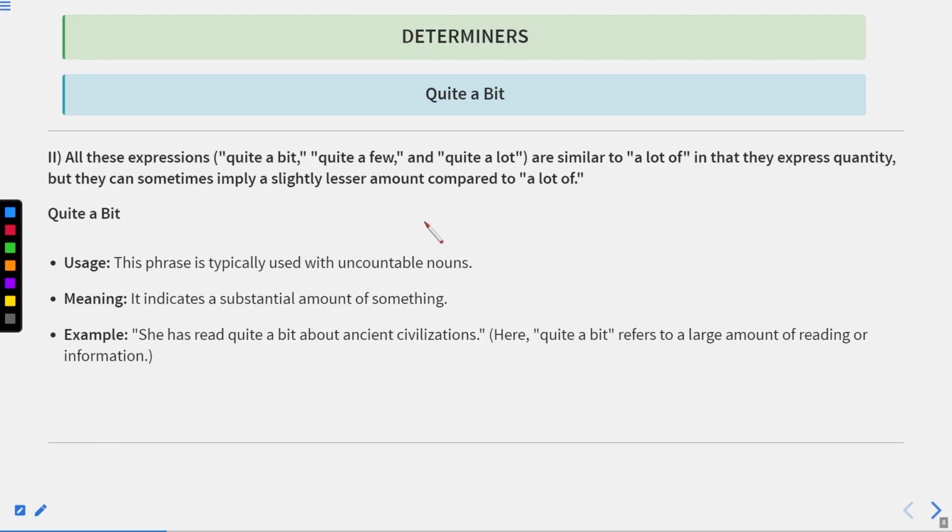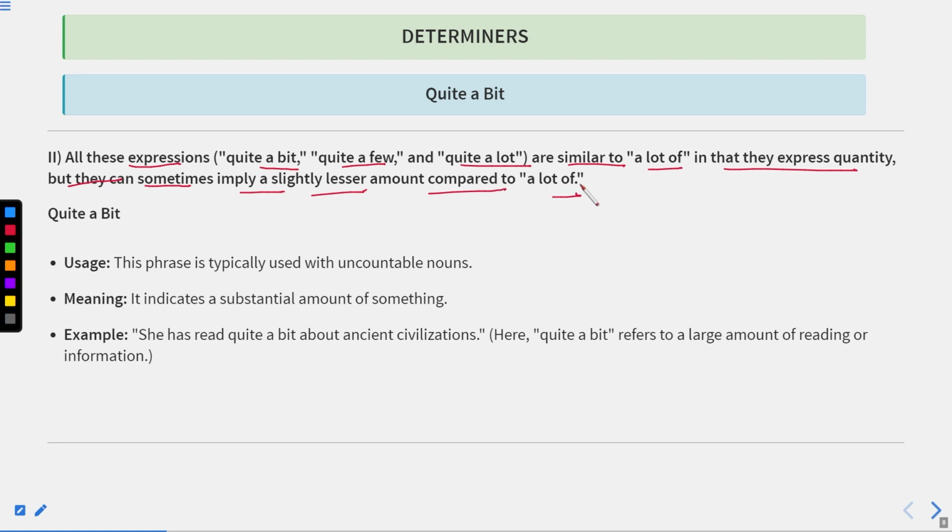Now, quite a bit. We can also use the phrase quite a bit. Bit refers to something uncountable, and you can have a bit of something. It means a part of something, the smallest part. All these expressions, quite a bit, quite a few, and quite a lot, are similar to a lot of in that they express quantity, but they can sometimes imply a slightly lesser amount compared to a lot of.